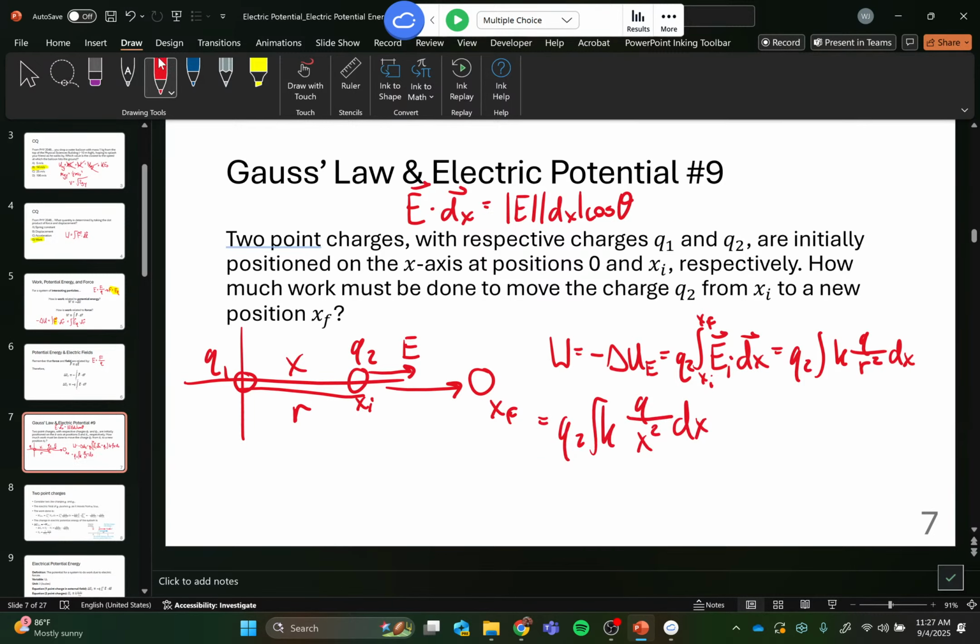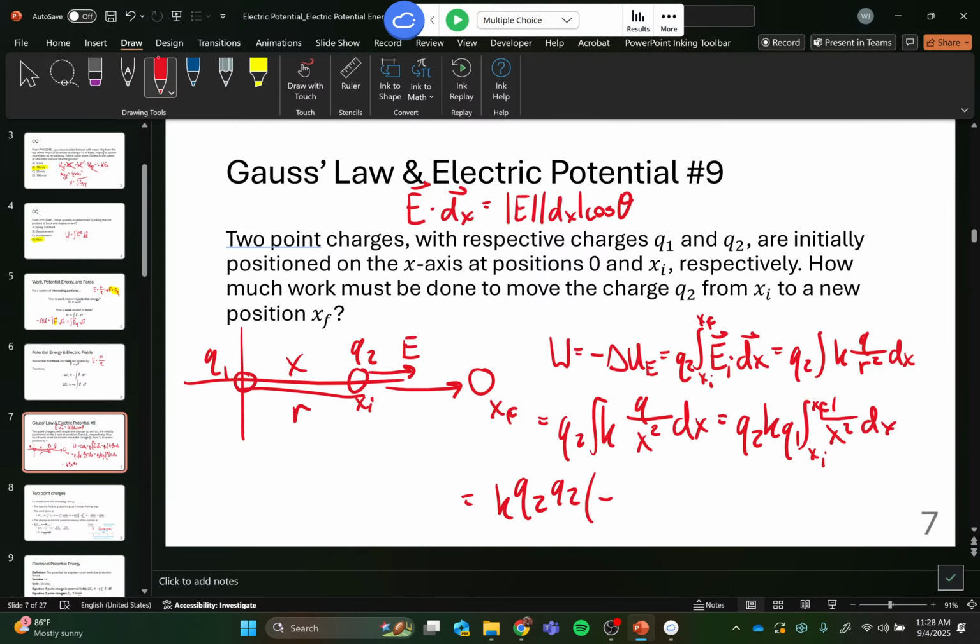My charge is not changing how much charge it has. So long story short, we can pull out the K. We can pull out the Q. So it's the integral of 1 over x squared dx from xi to xf equals Q2 times Q. And I lost a Q somewhere. Yeah, Q1, Q2, with a K in front of it.